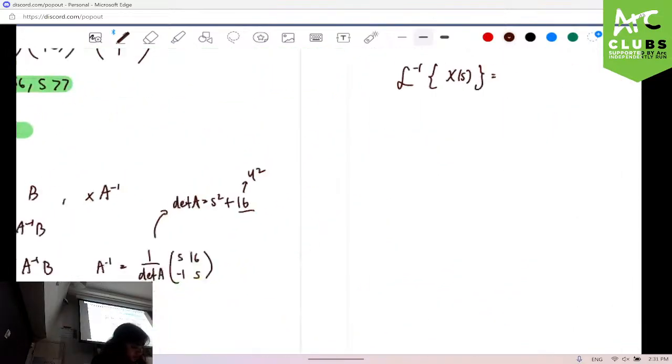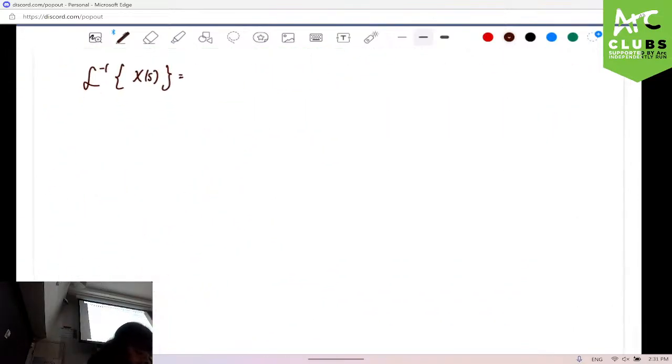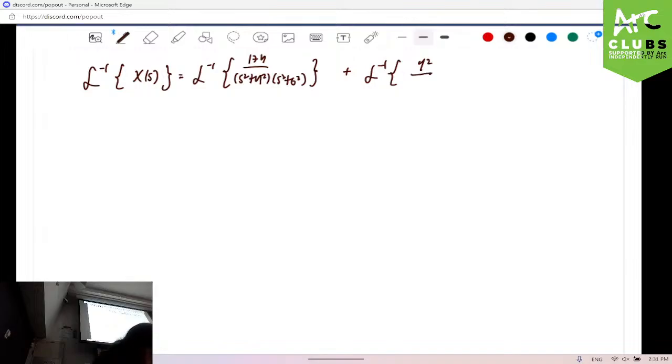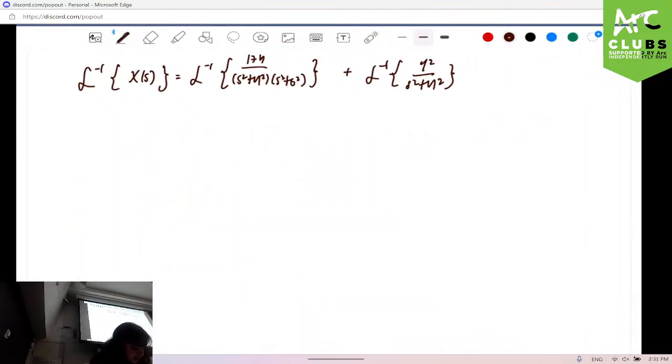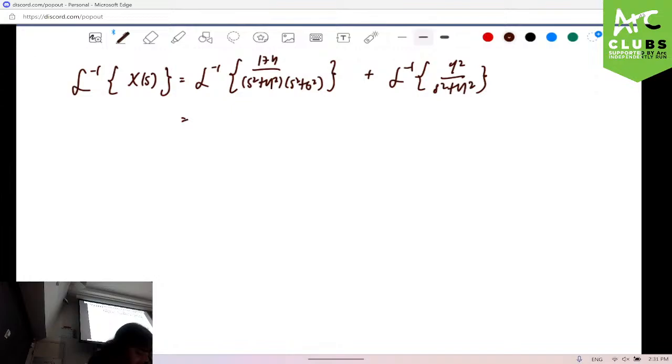So what we can do is the Laplace inverse of 174 over s squared plus 4 squared, s squared plus 6 squared, plus the Laplace inverse of 4 squared over s squared plus 4 squared. Because 16 is 4 squared. So we're going to take the 174 out.